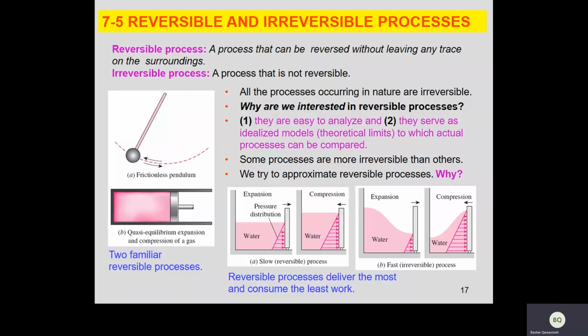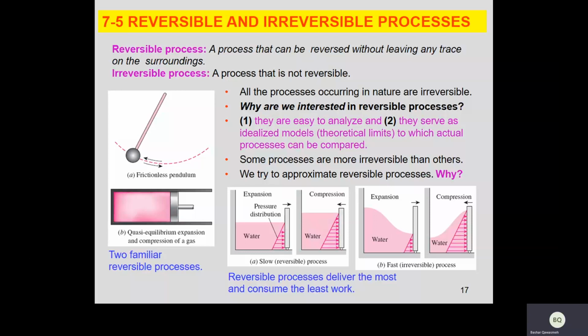Why are we interested in reversible processes? First, they are easy to analyze and they serve as idealized models, theoretical limits to which the actual processes can be compared. So they are idealized, so we want to see how far or how close we are compared to these idealized models.